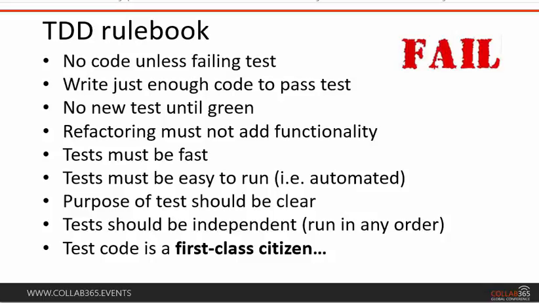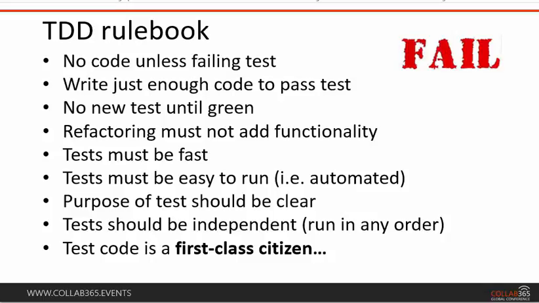You're only allowed to write just enough code to pass the test, so you can't again anticipate something that you might need later, and you just have to wait until you've written a failing test to do that. And you're not allowed to write another test until the existing one is green, so all the tests are currently passing. So you can't stack up a bunch of tests ready for future use and pick them off, make them turn green one by one.